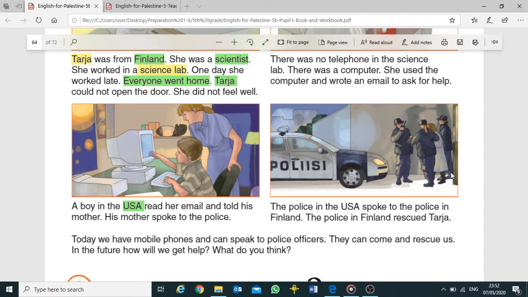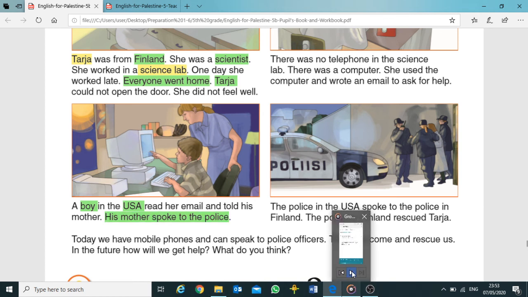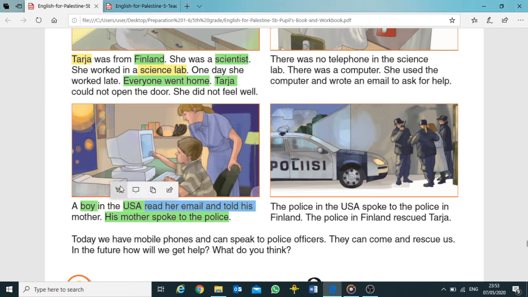Who helped her? من ساعدها لتاريا؟ Very good. A boy and his mother. A boy and his mother spoke to the police. أن الطفل وأمه who read her email قرأوا الإيميل تبعها helped her. How? How did they help her? كيف؟ حكينا هاي الجواب. They read her email and spoke to the police. Very good. كيف ساعدوها؟ They read her email, قرأوا الإيميل تبعها.